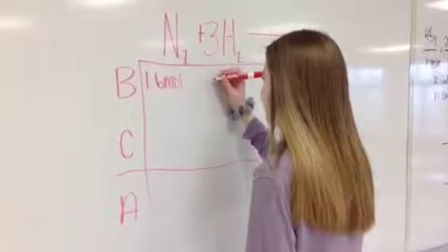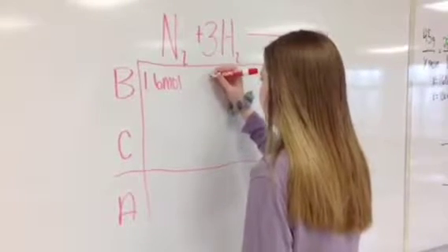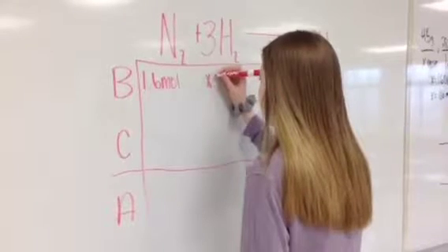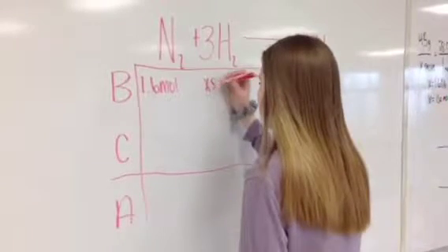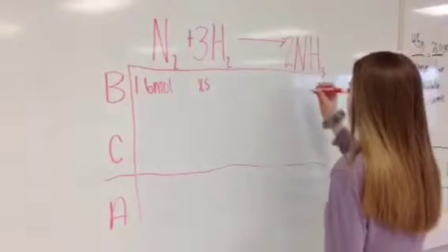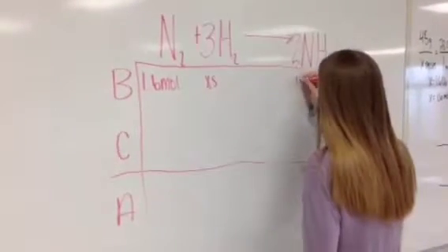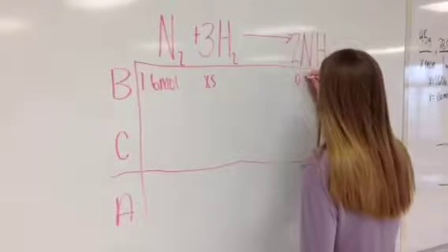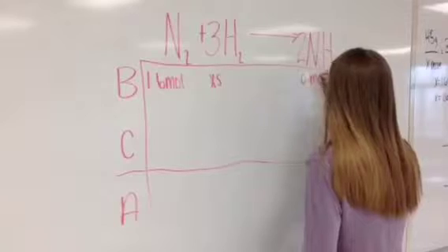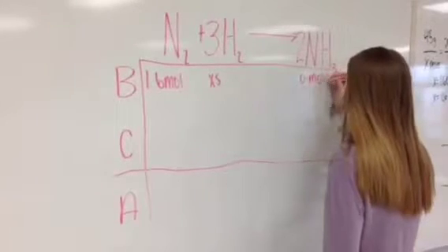Once we have that converted, we'll put 1.6 moles in the before row under N2. Then we'll put excess in the before row under 3H2. And for 2 NH3 in the before row, we'll put 0 moles because nothing has happened to produce any NH3s.